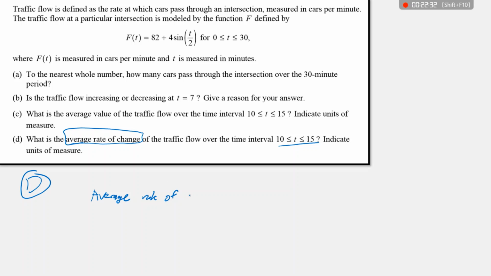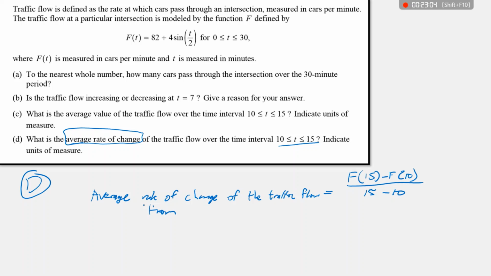Can you say it one more time? Integrate 10 to 15. Won't need to integrate. F(b) minus f(a) over 15 minus 10. Okay. So this is f(15) minus f(10), f(b) minus f(a), just like you said, over b minus a, which would be 15 minus 10.